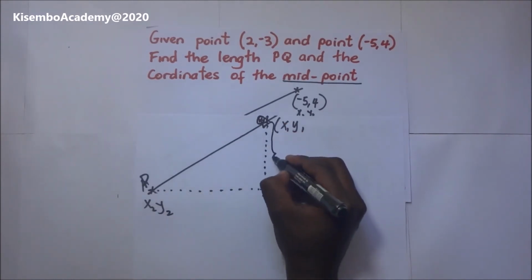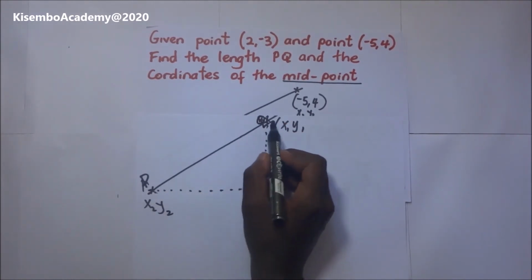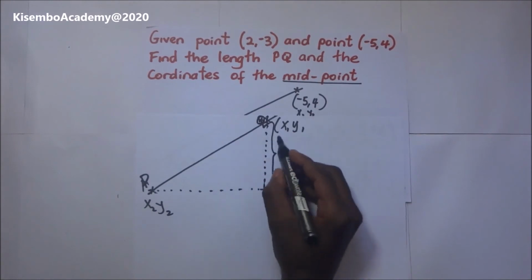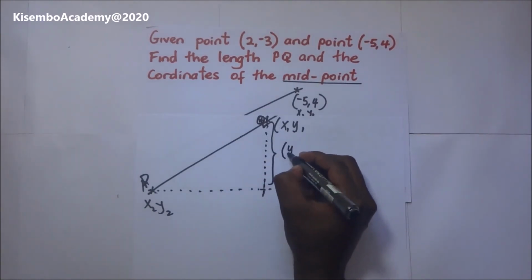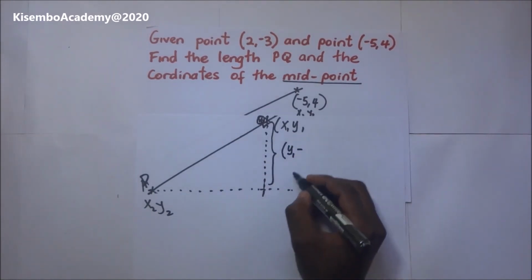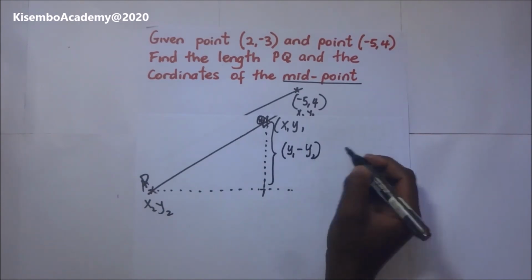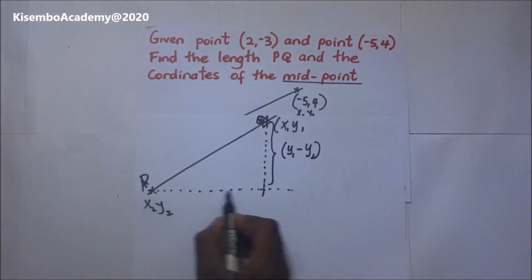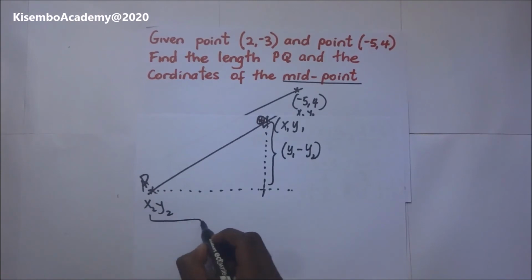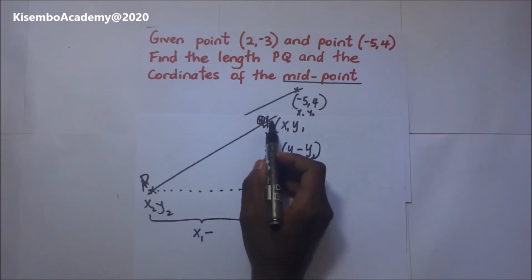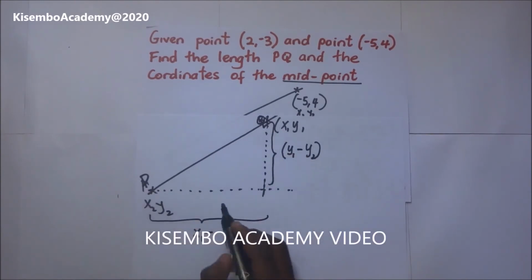So to get the length of this side, it's going to become y1 minus y2. Then the distance on the x line is still x1, the value of x here, minus the value of x here, so it's x1 minus x2.